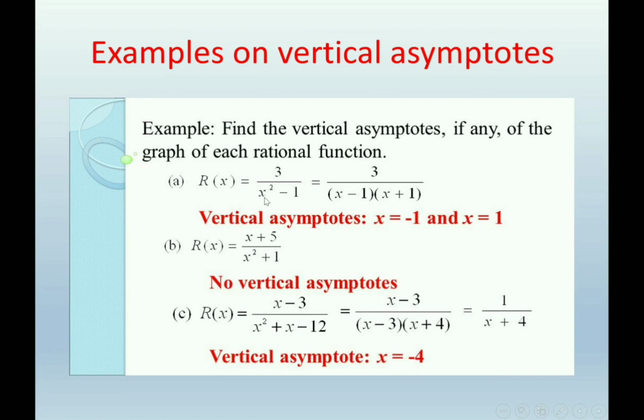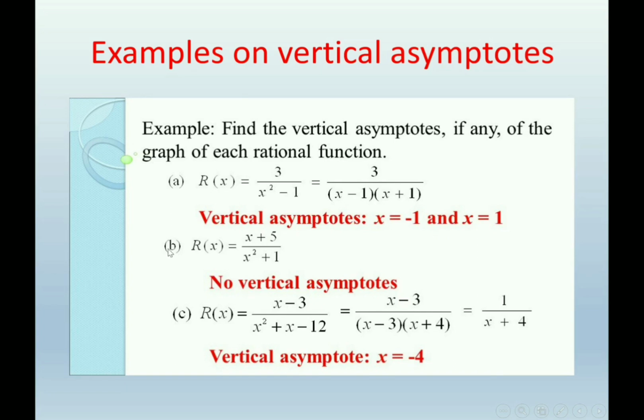It is a difference between two squares. Factorize it as x minus 1 and x plus 1. If you equate each to 0, you will get the vertical asymptotes, which are x equals minus 1 and x equals 1.